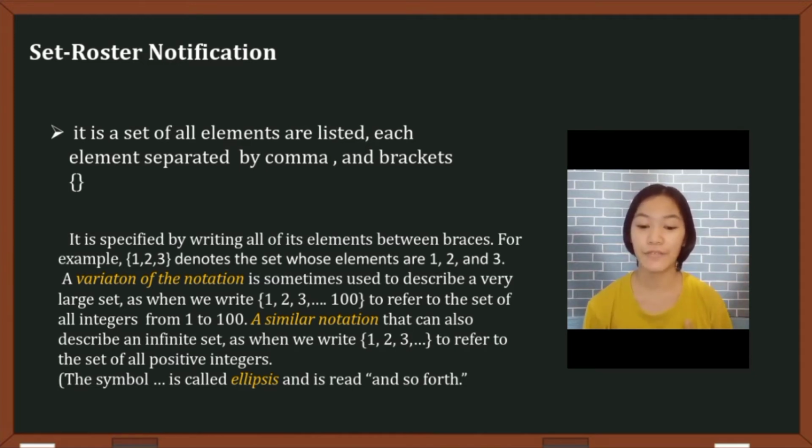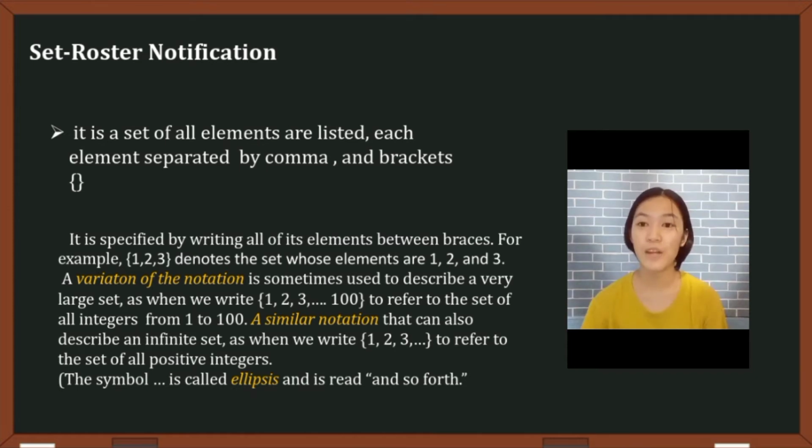A variation of notation is sometimes used to describe a very large set, as when we write open and close braces 1, 2, 3, and so on to 100 to refer to the set of all integers from 1 to 100.